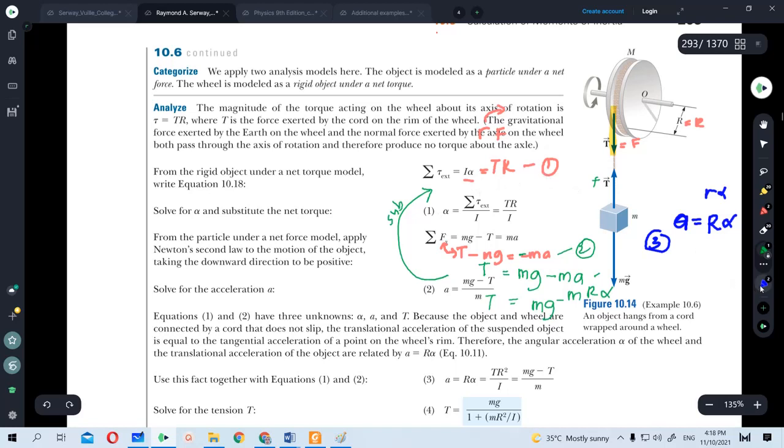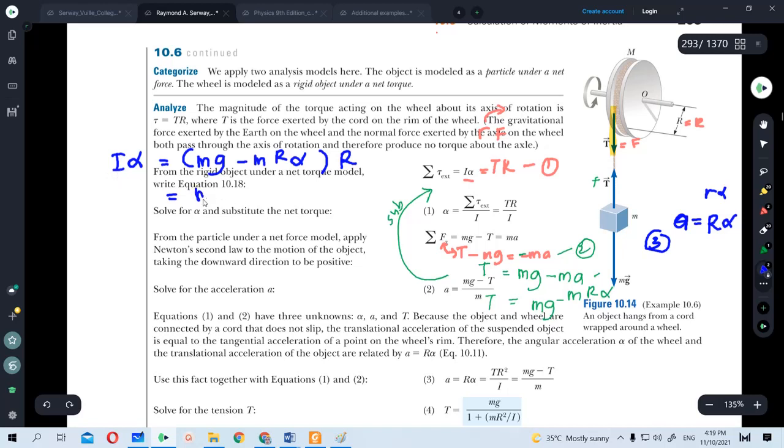So as you substitute, your expression will turn out to be something like this: I alpha equals the tension from earlier, mg minus m r alpha, and then times R. This expression later on, I want you to simplify by factorizing the alpha.